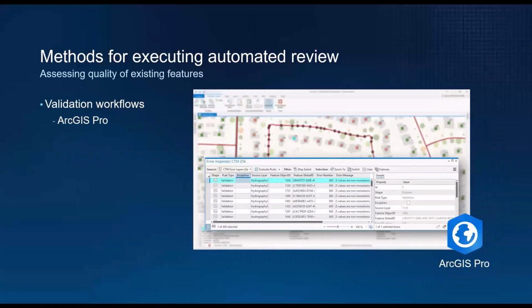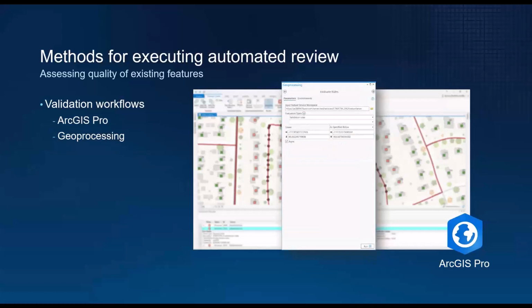Validation workflows, on the other hand, are user initiated. They are triggered either interactively, in this example using ArcGIS Pro and the Error Inspector, where an editor decides, okay, I need to validate my features, and they'll use Error Inspector to trigger that validation.